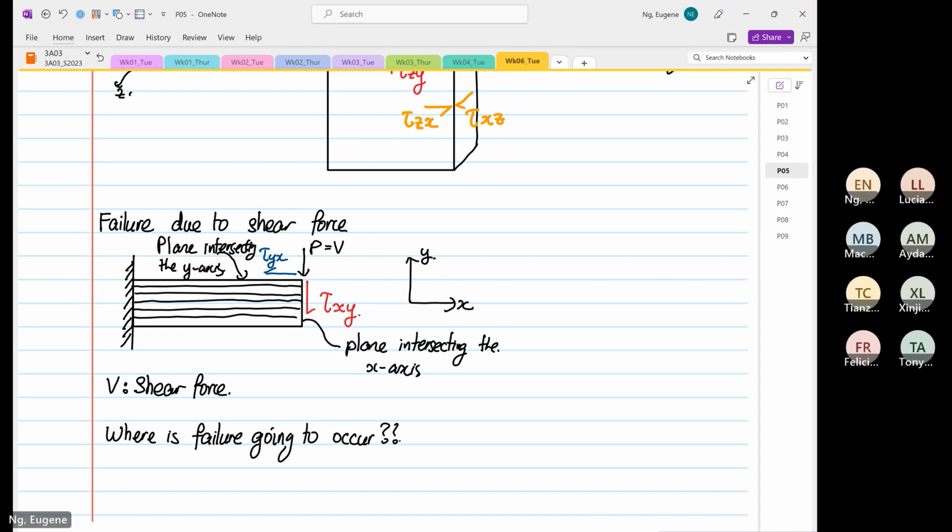Right? Anyone want to make a guess? Is it going to be on the plane intersecting the x-axis or the plane intersecting the y-axis? Anyone?